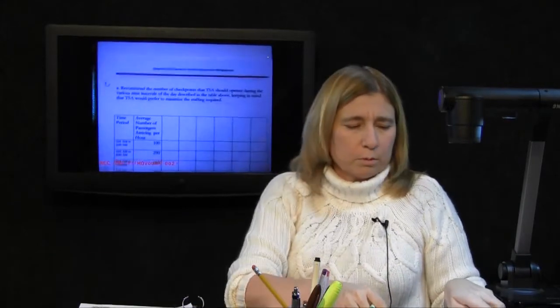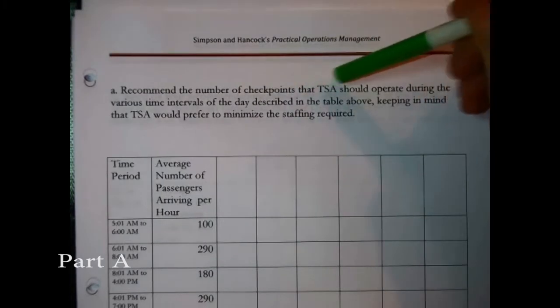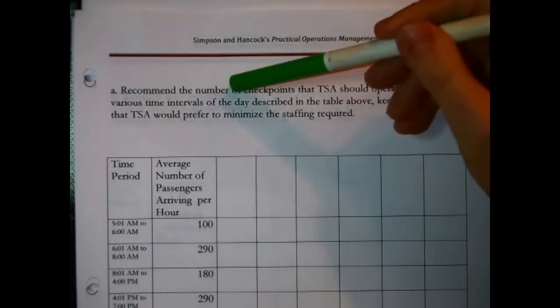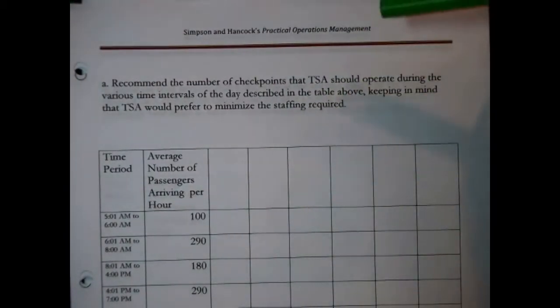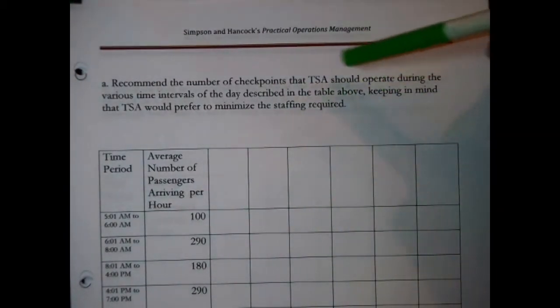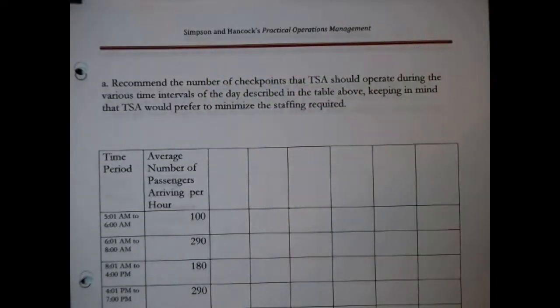Okay. What do we actually have to do in this problem? Recommend the number of checkpoints the TSA should operate during the various time intervals of day described by the table above, meaning the page before in the note frame, keeping in mind that TSA would prefer to minimize the staffing required. Oh, all right.